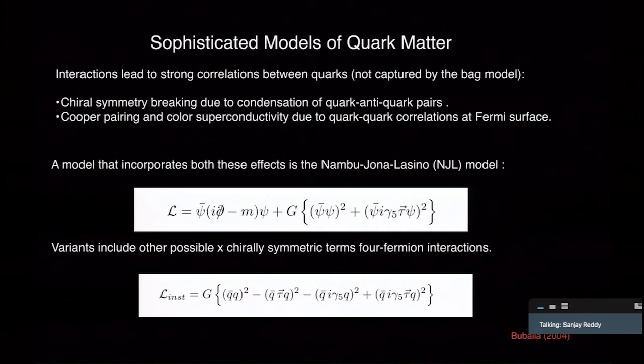And a simple model that can account for both of these effects is called the Nambu-Jona-Lasinio model. And if you look at the expression for the Lagrange density given in the first equation, you see the familiar kinetic term for quarks with a mass small m, and the mass is the bare mass of the quarks.